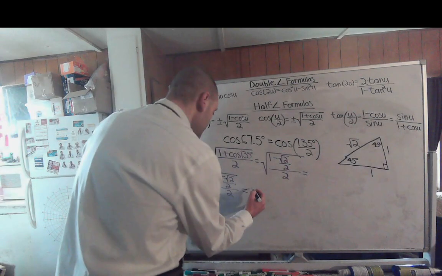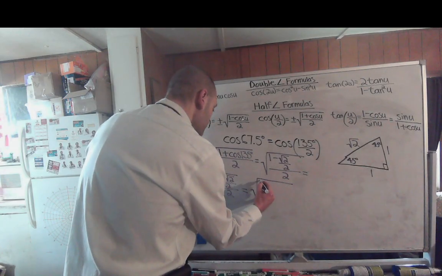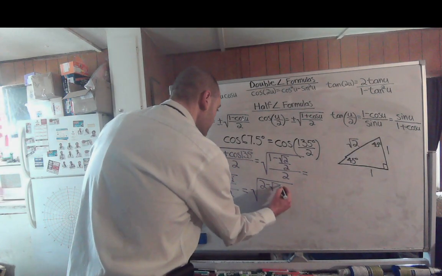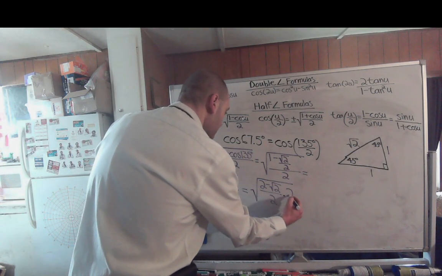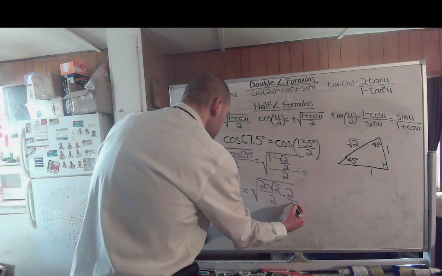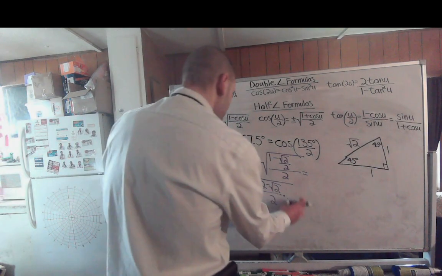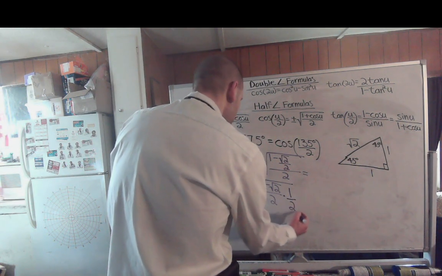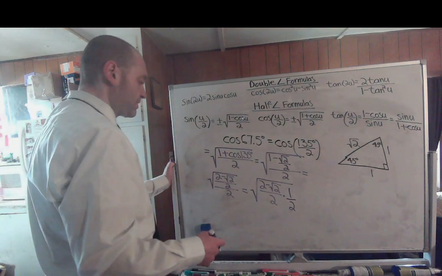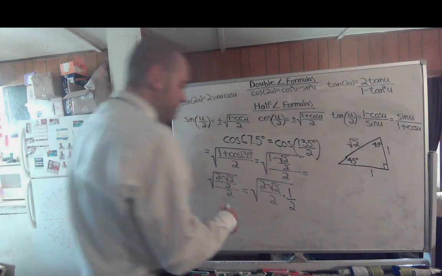So let's invert and multiply inside of the radical. You would end up getting 2 minus the square root of 2 all over 2 times 2 over 1, times 1/2, excuse me, because it's 2 in the denominator, so it's times 1/2.